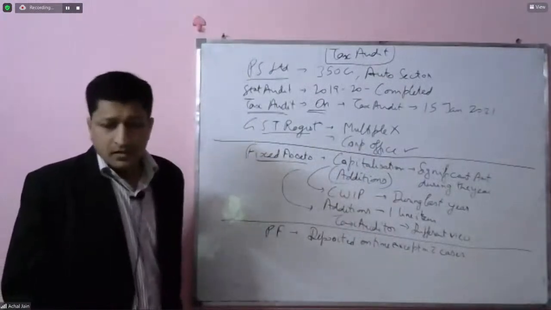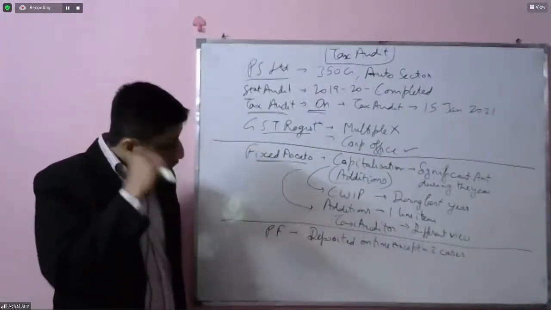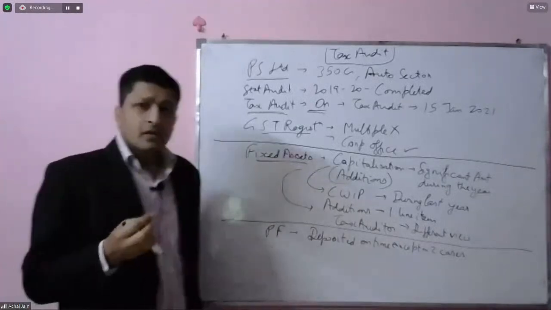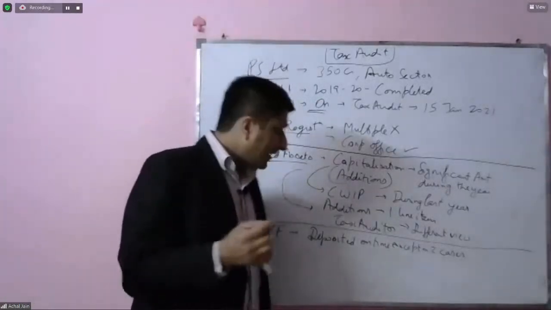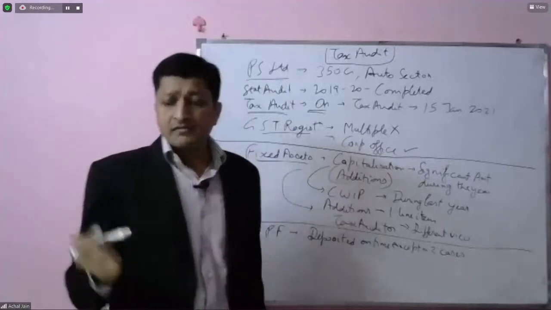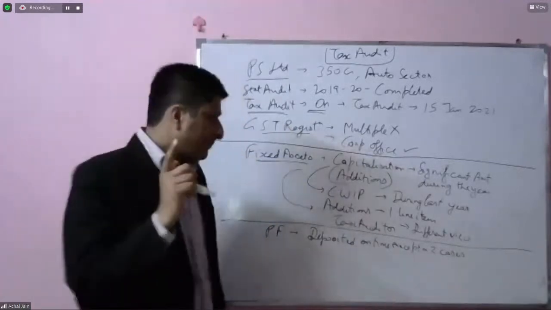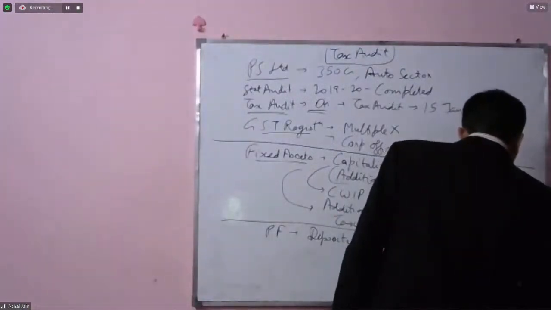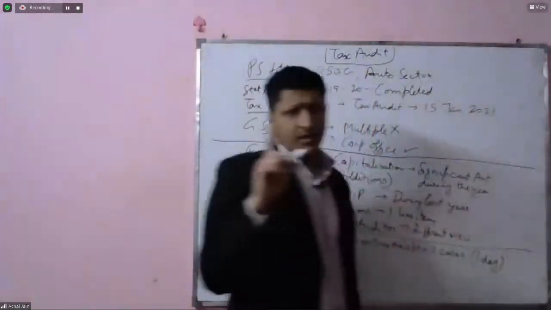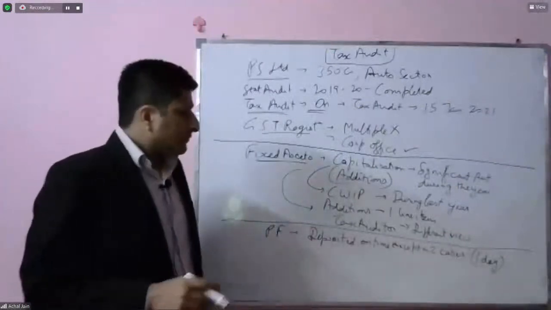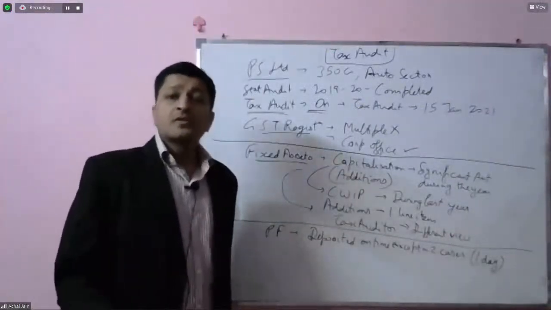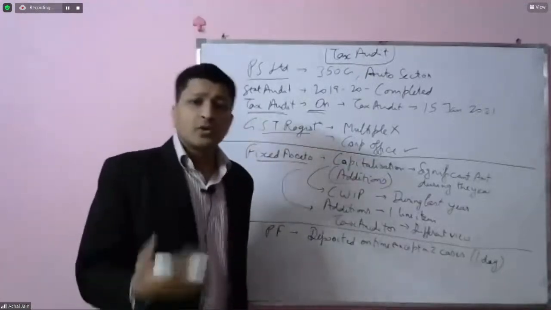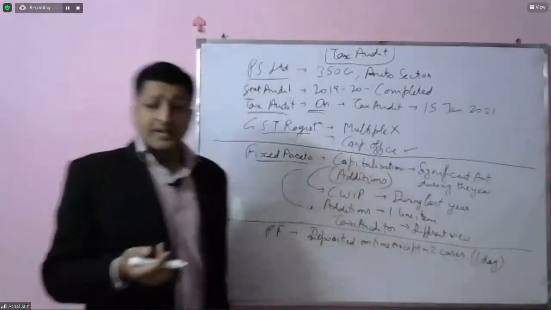Okay. Now the management wants that in the Form 3CD, there's a delay. And in fact, this delay was also not very significant. Only 1 day was delay. There was a delay of only 1 day. In both the cases, only 1 day. And that was also because of the fact that the person who was deputed on this role didn't know about it.